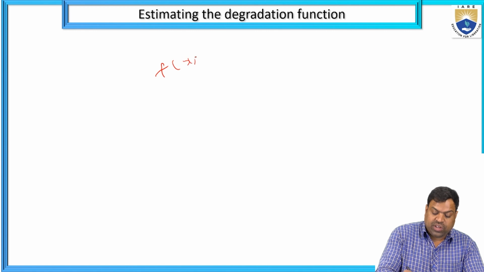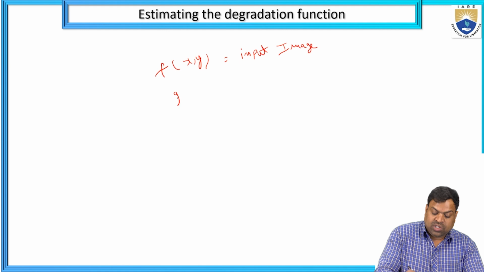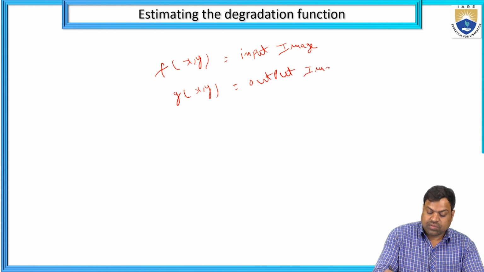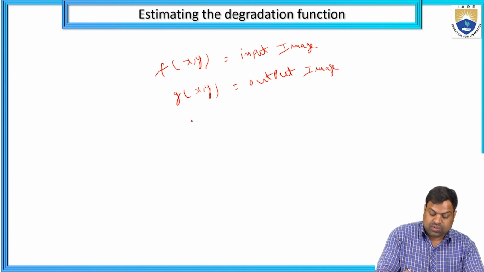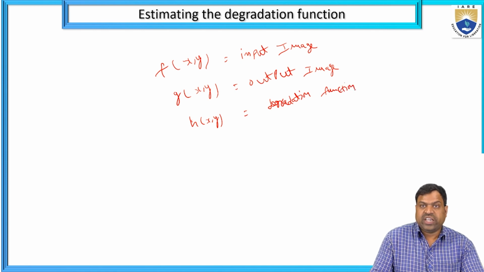f of x comma y is the input image, g of x comma y is the output image, and h of x comma y is the degradation function.